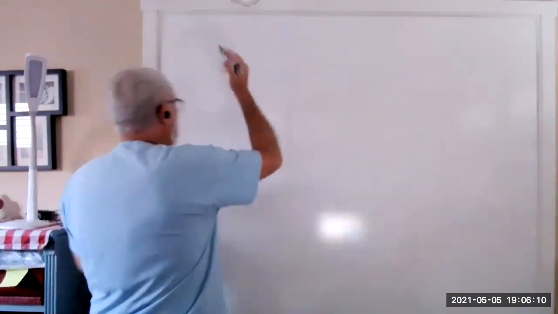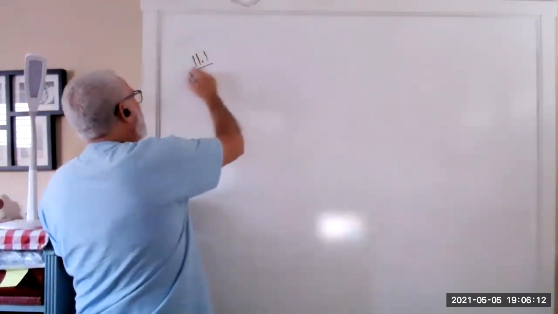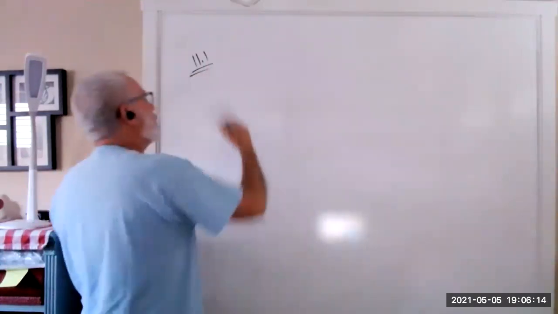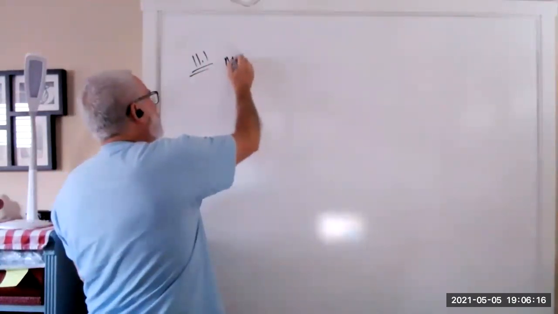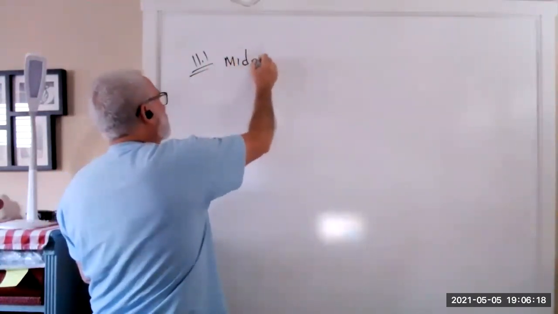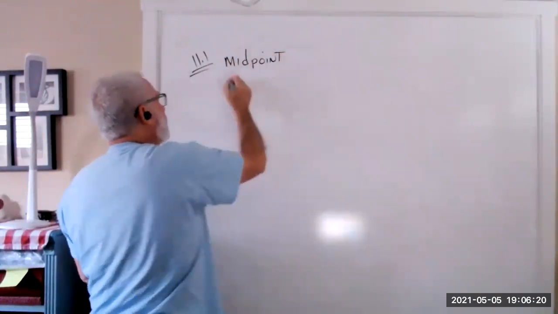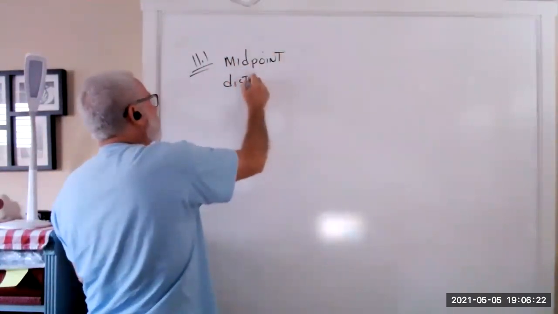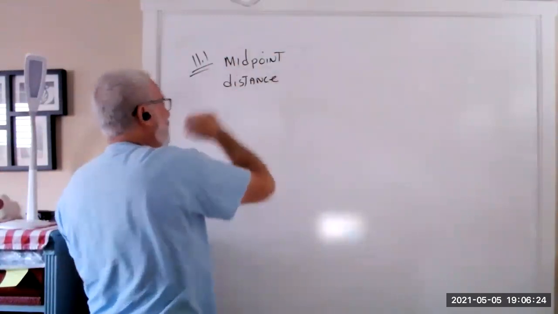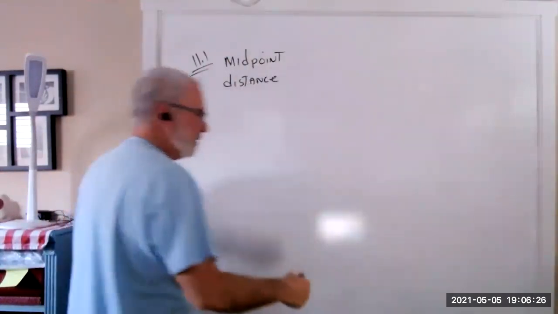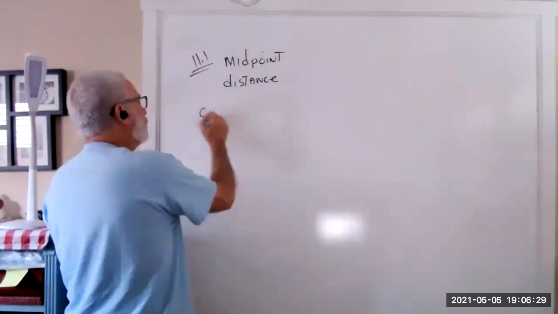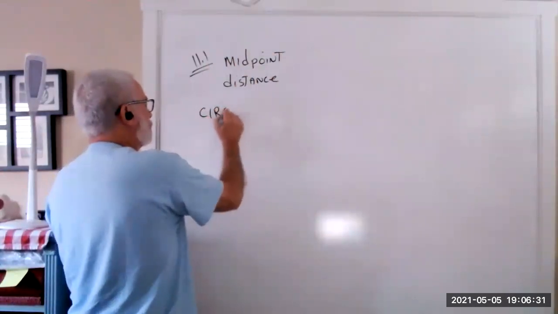Okay. Last night in 11.1, we introduced the midpoint formula and the distance formula, which I'm not going to go over tonight. I'll go over them next week. But we also introduced the circle.